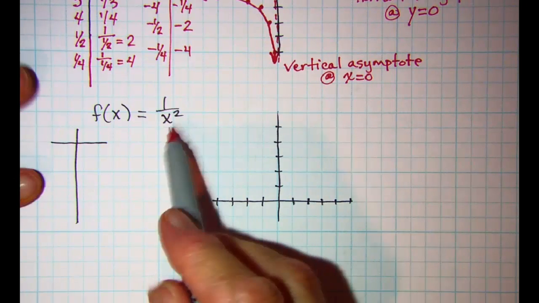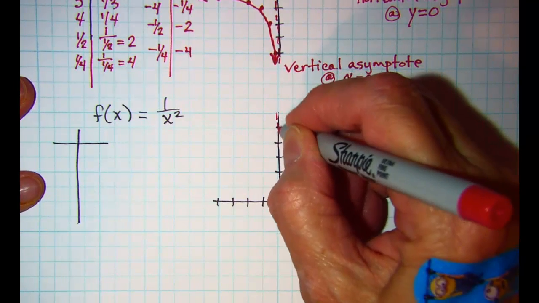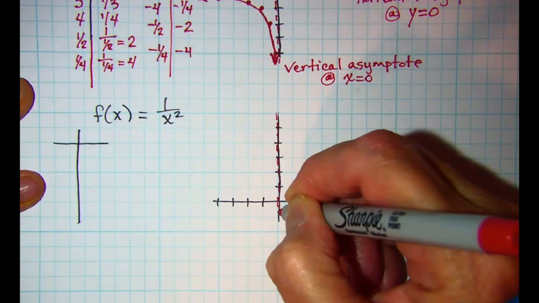X is never going to equal 0, so I can draw my vertical asymptote in immediately.